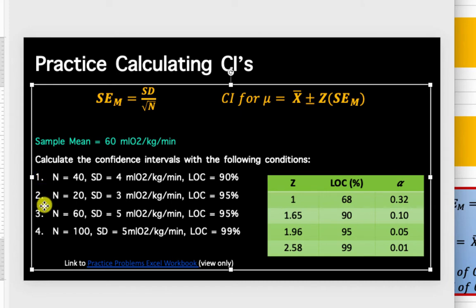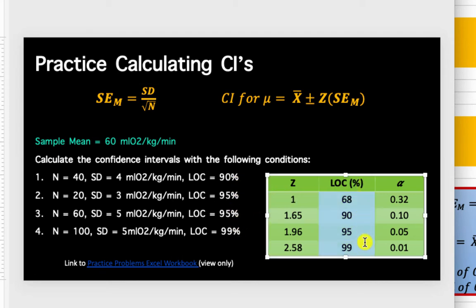And then in each of the scenarios we have, we're going to use this given information to calculate the confidence interval based on a certain level of confidence. So to make things easy, I've given you guys different levels of confidence that are oftentimes used in various forms of research, and the z-scores that are associated with those levels of confidence.